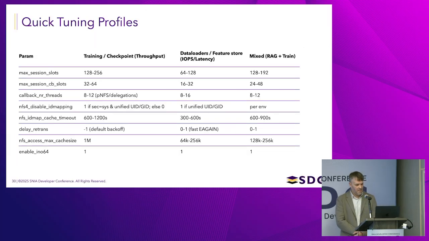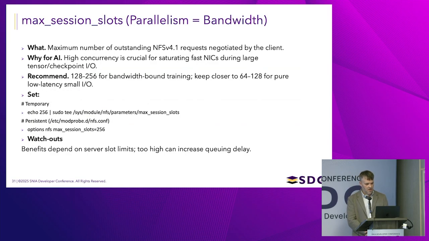Let's start with the NFS kernel module parameters. I have some recipes. I spent about one month finding the best numbers for each of the parameters, and the most influential parameter is max session slots, which means the maximum number of in-flight requests negotiated by the client.